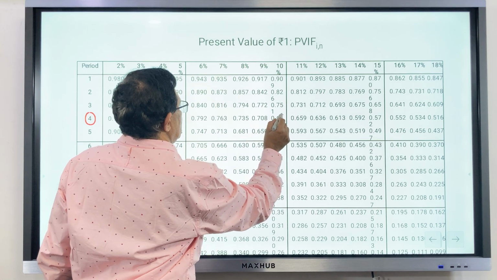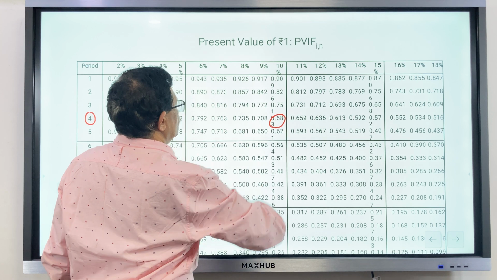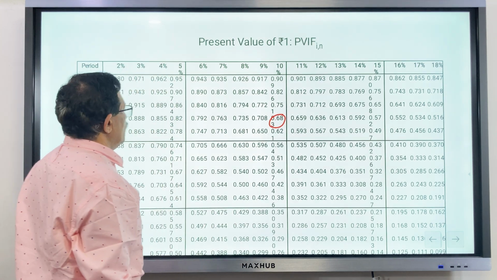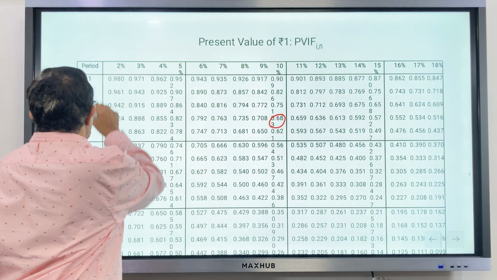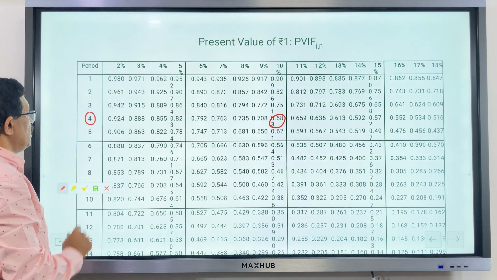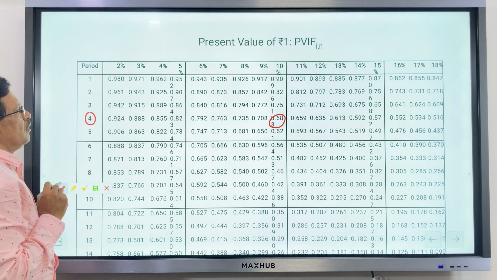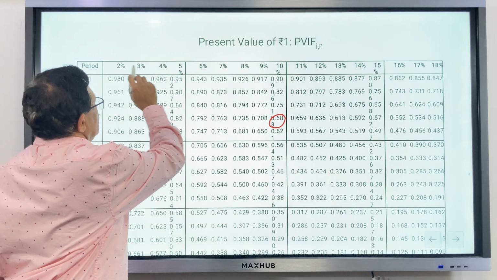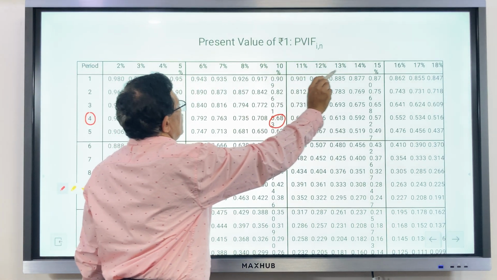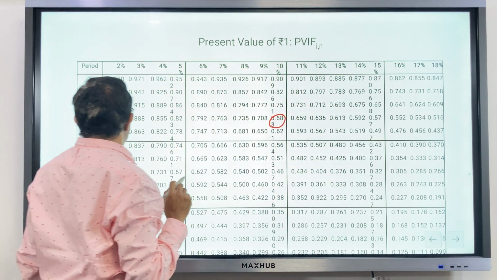This is the discount factor. You have to go down vertically to identify the period, and here the interest rates are given horizontally.